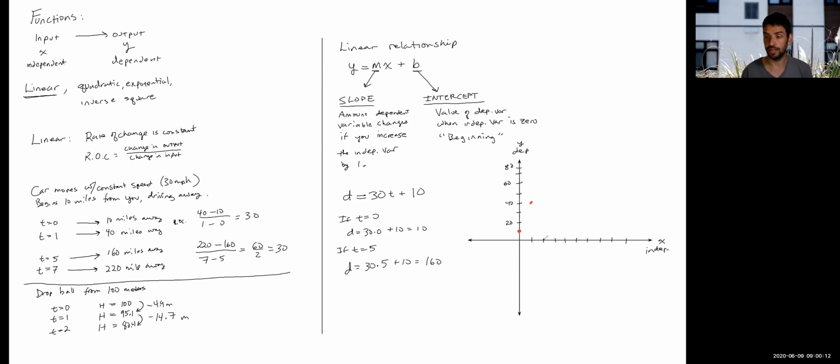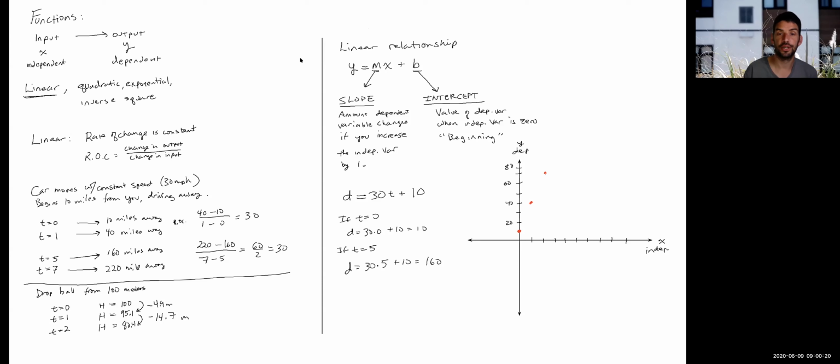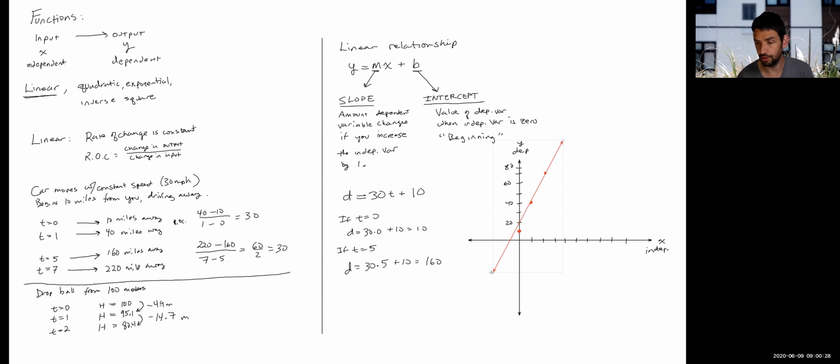Do one more at 2 units, I should be up to 70. And if we draw enough of these points, we can connect them with a line, right? I'm not perfect, but that would be a visual of what this relationship is, okay?